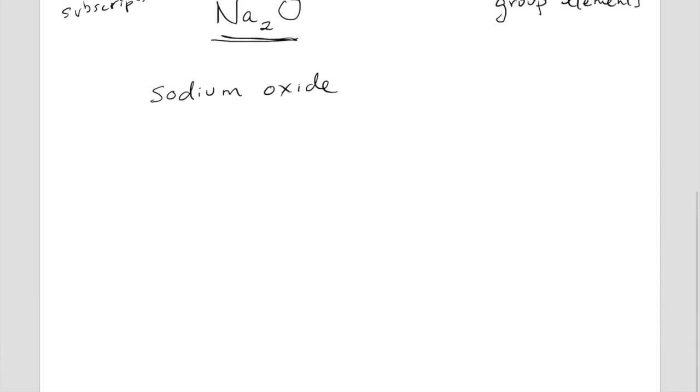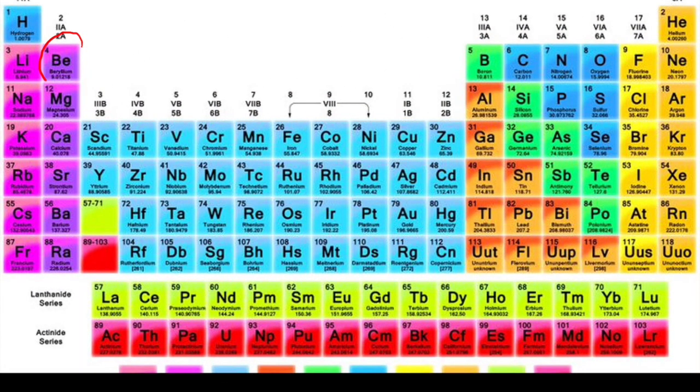Alright, let's try another one. Let's take beryllium and nitrogen. Looking at where they're at in the periodic table, we know that beryllium is in the second column, and it will want to lose 2 electrons and become 2 positive.